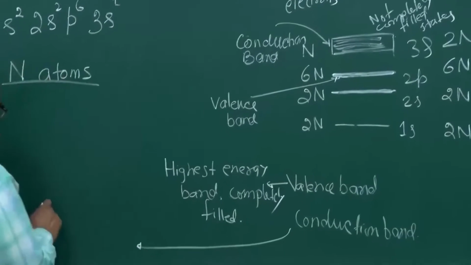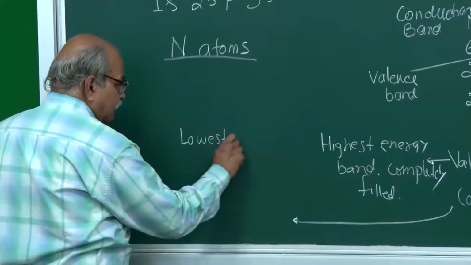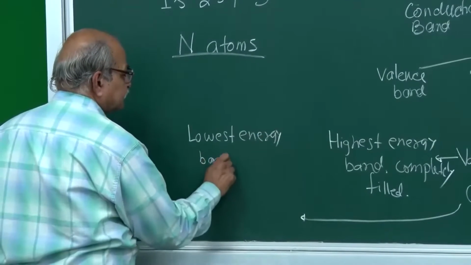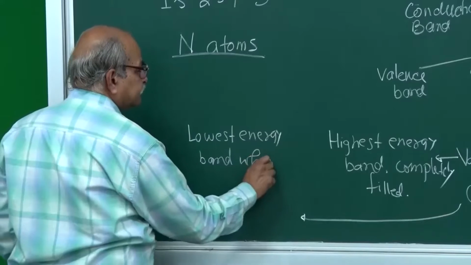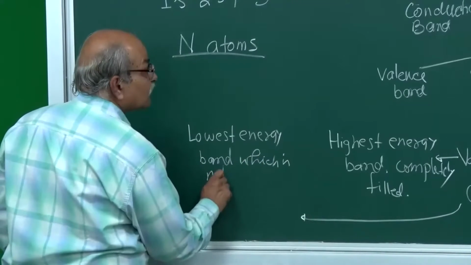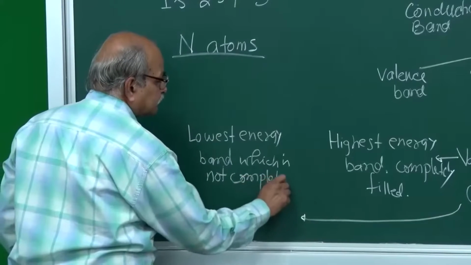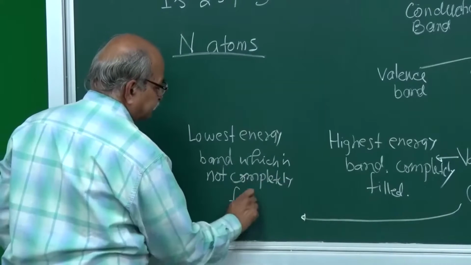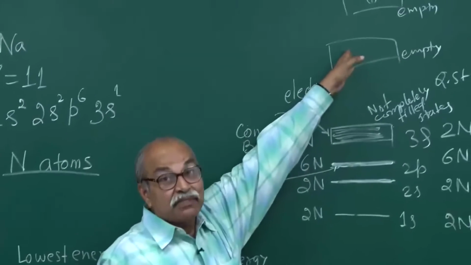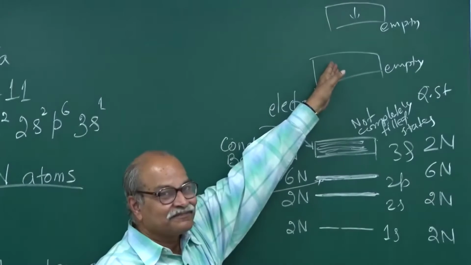So we have the lowest energy band which is not completely filled. This one is also not completely filled, it is completely empty, but certainly you can call it not completely filled.